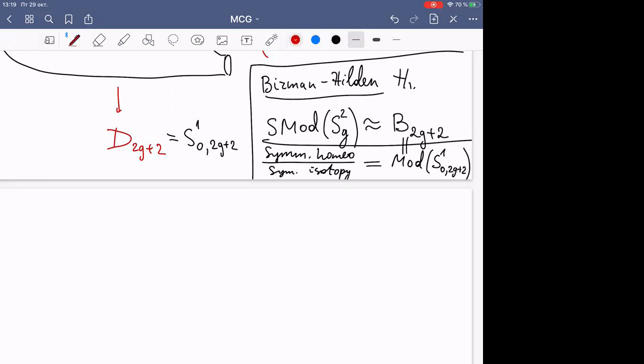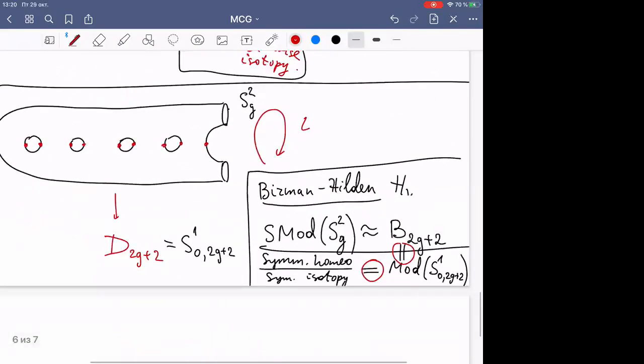So we already know this, and we need to prove that symmetric homeomorphisms are symmetrically isotopic whenever they are isotopic.